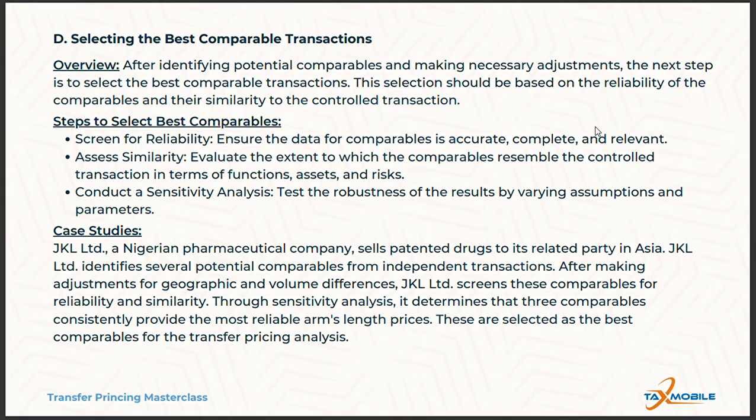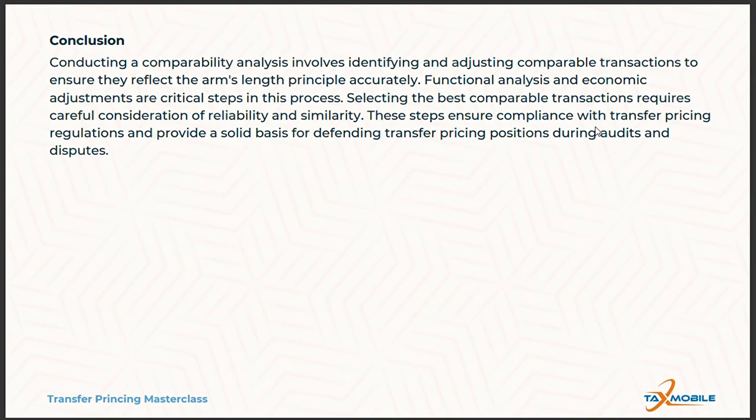So it is very, very important that, I'm trying to just give more examples with respect to this interquartile range, IQR, for our understanding. So in conclusion, a robust comparability analysis is essential for ensuring that related party transactions are priced at arm's length by carefully identifying comparable transactions, conducting a functional analysis, and making necessary adjustments.